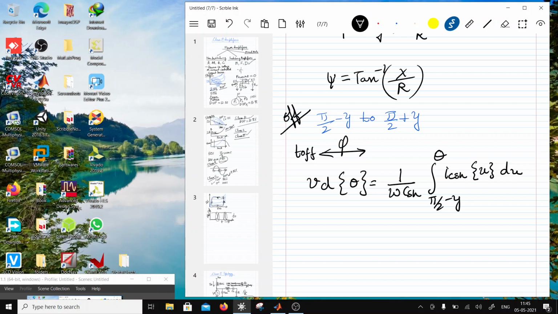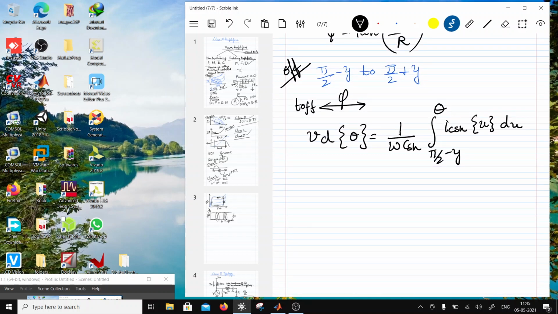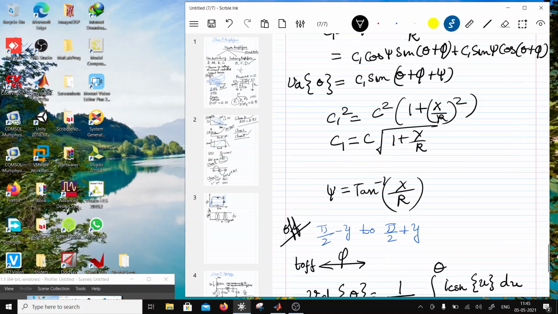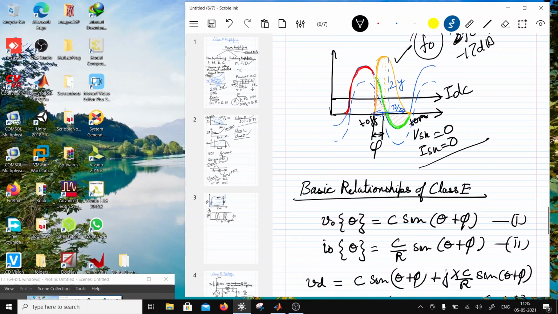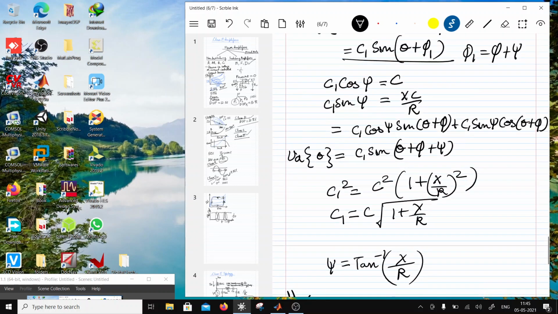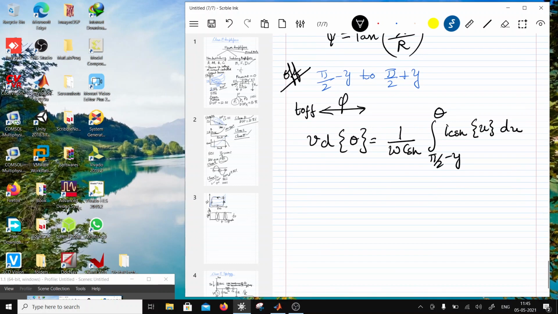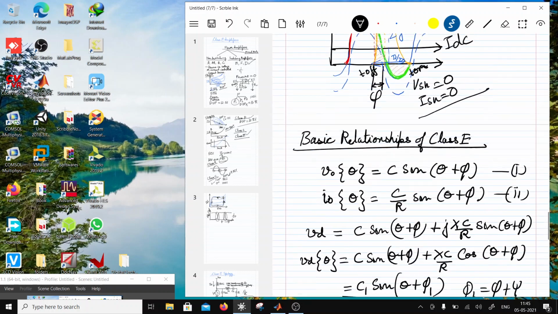So this is going through the capacitor, right? So I'm going from pi by 2 minus y. So I'm taking this waveform, the green waveform. That is ICSH of u du. Okay, so I'm integrating that on the capacitor, and at theta I would know the value of the voltage, which is going to be this orange waveform, right?